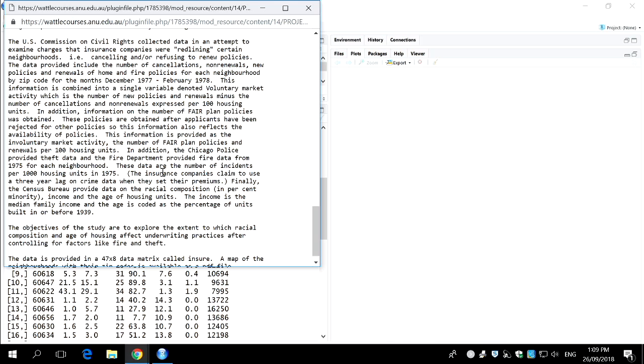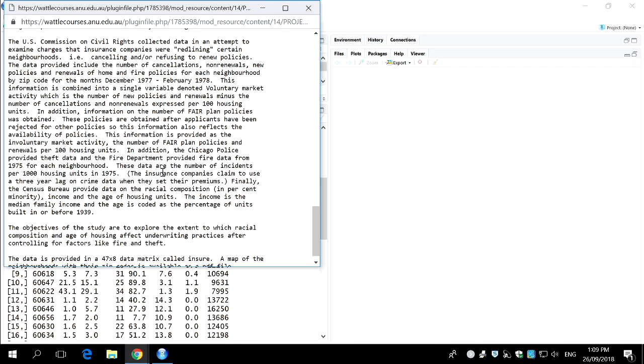Now, they're legally allowed to decline insurance on the basis of certain risk factors. For example, if your house is in a neighbourhood with a massive theft rate, they might say, no, we don't insure houses in that district because the risk is too high for us because of the high theft rate. Similarly, a high fire rate.